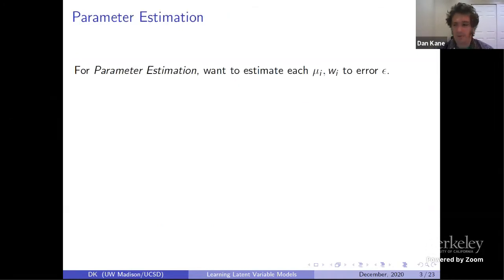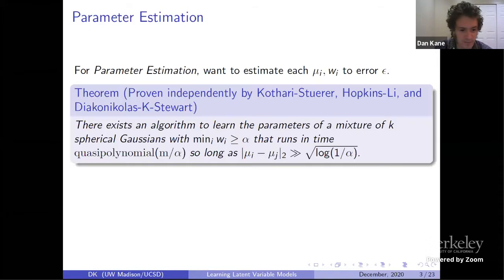So there are a couple of different things that we might mean when we talk about learning this model. And the strongest of them is parameter estimation. What we'd like to do is estimate each mean mu_i and each weight w_i to some error epsilon, and then we'll know the parameters of the model to good accuracy, and we can do everything else.